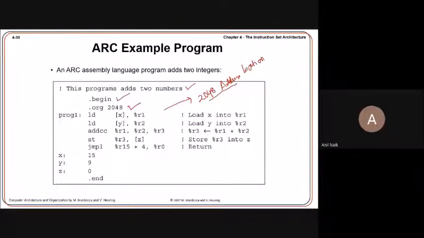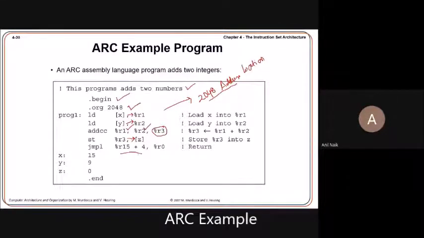Then the program starts: load x, that is, load the content of x into register R1. Load the memory location pointed to by y into R2. Then perform the addition of the content of R1 and R2 and store the result in R3. Then store R3 into z.